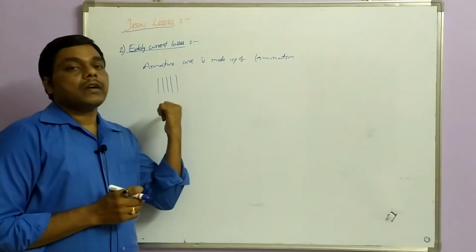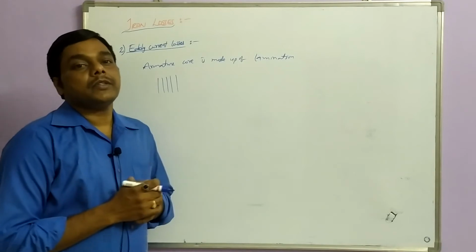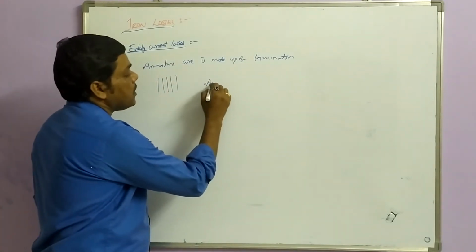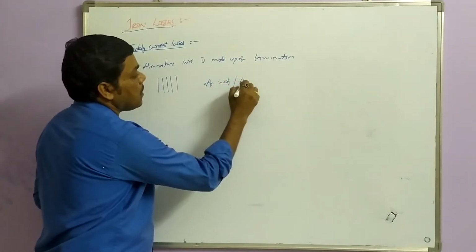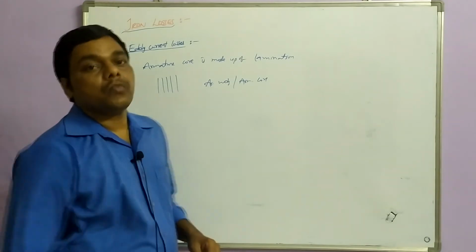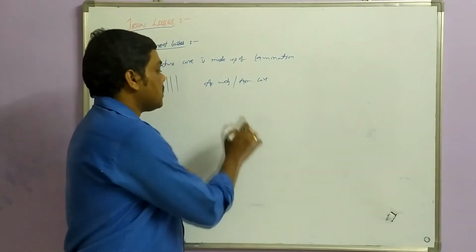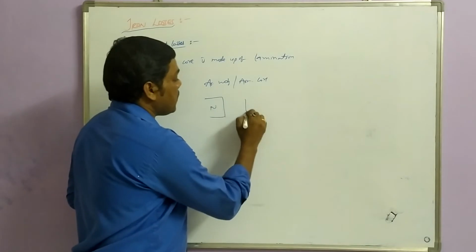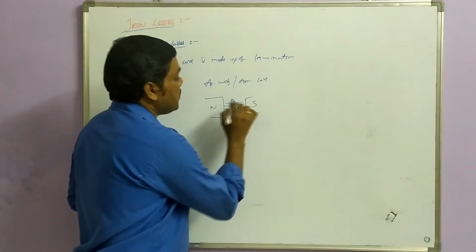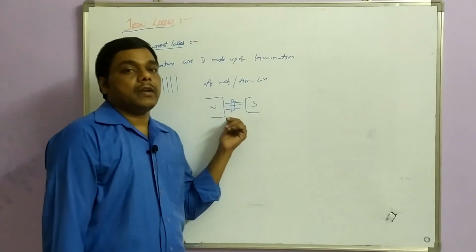So why are currents induced in these laminations? The armature winding and the armature core both have EMF induced. We know that when a conductor is placed in a magnetic field, EMF will be induced in this conductor.